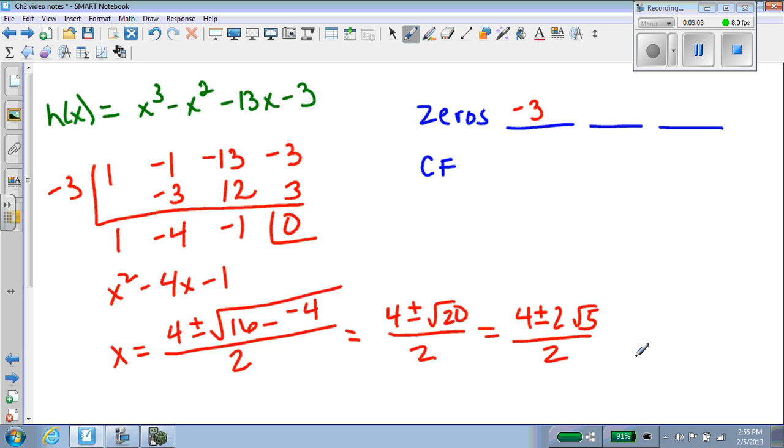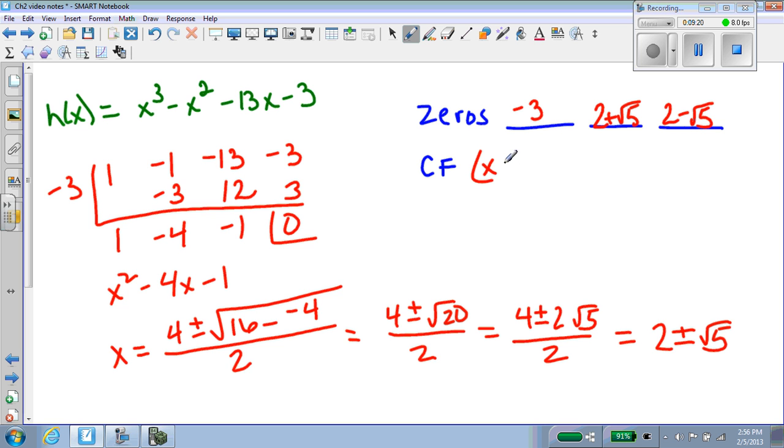I'm going to factor out a 2 and cancel it with the 2 in the denominator. So I get 2 plus root 5 and 2 minus root 5 as my last two zeros.